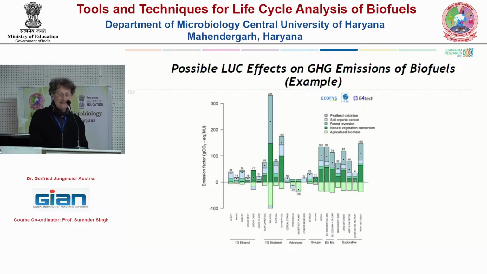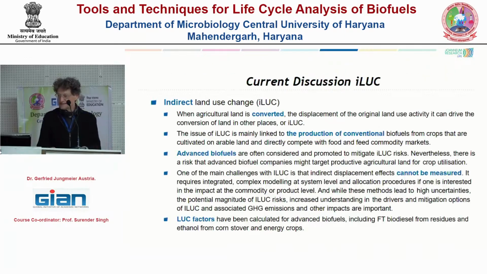But this land use change effect, on this slide here, is mainly caused or discussed in connection with first generation biofuels, where we use rapeseed oil, soybean oil, grains, corn, wheat. So at least these so-called food crops are addressed by land use change.